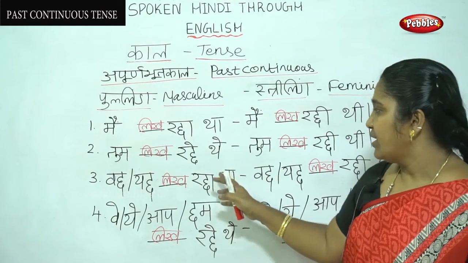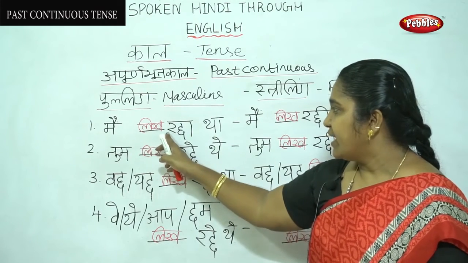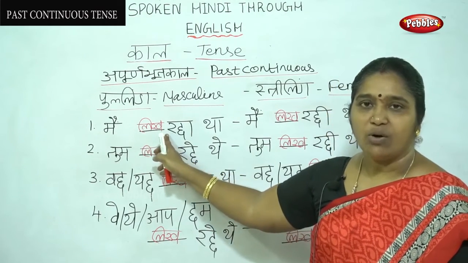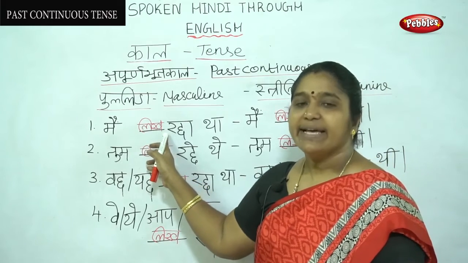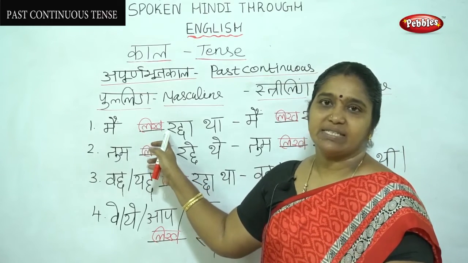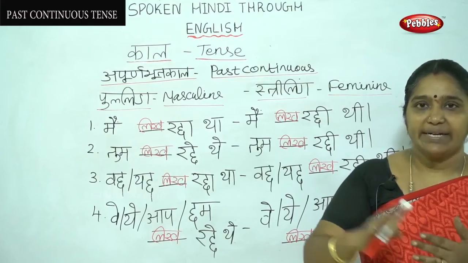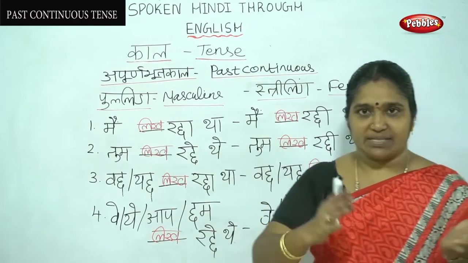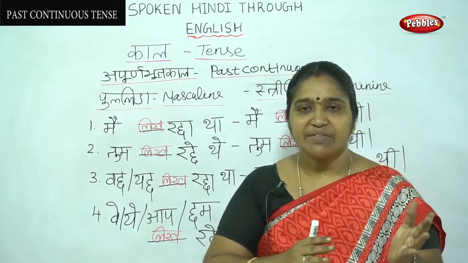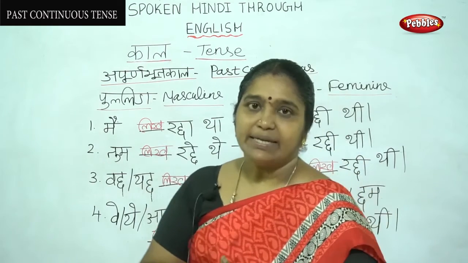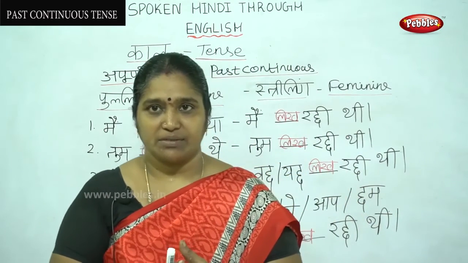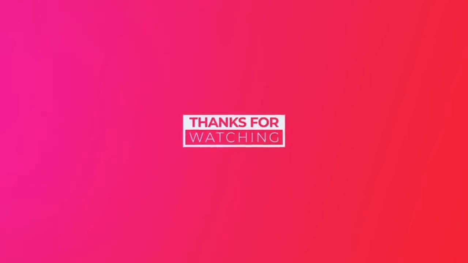There is no adding of ta here. In the simple present tense, we have to add ta. This is the difference between past tense and past continuous. Okay, is it clear?